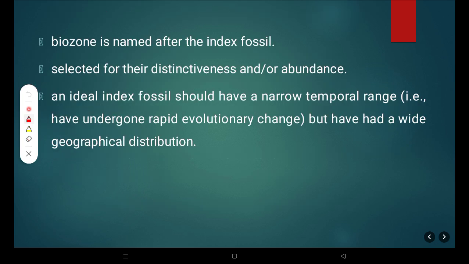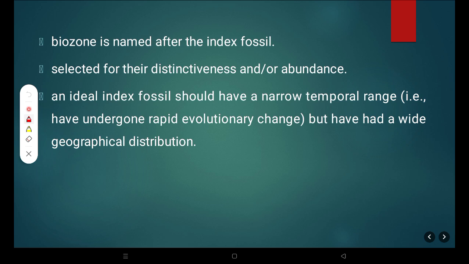A biozone is named after an index fossil selected for its distinctiveness or abundance. There will be many fossils, so how will we take one? Based on their distinctive occurrence, it should occur throughout the section. It should occur concurrently, like two species overlapping.